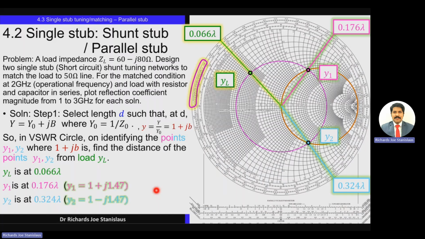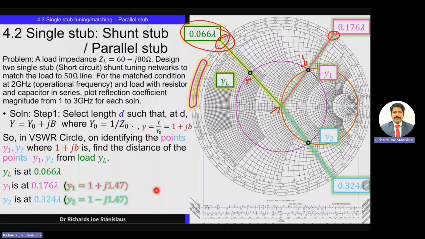As I told you in the previous case, the load is located at 0.066 lambda. Connecting the center point and the load point and extending to the outermost circle, we read a value of 0.066 on the wavelengths toward generator scale. Similarly, for Y1, connect from the center to Y1 and extend outwards.